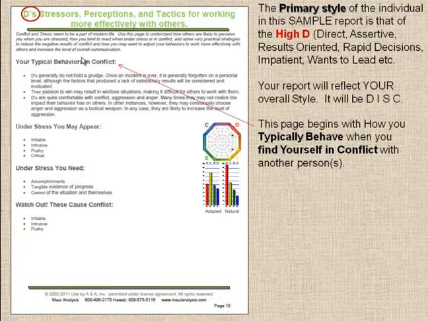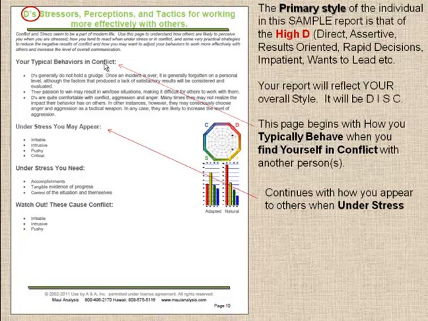So you'll see that this page includes the typical behaviors that this person will exhibit when they get in conflict with other people. So when you read your report, this is going to identify the typical behaviors that you will display when you get into conflict with others. It will show you when you get under stress, how you appear to other people.